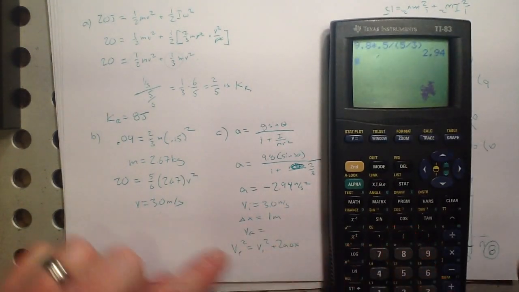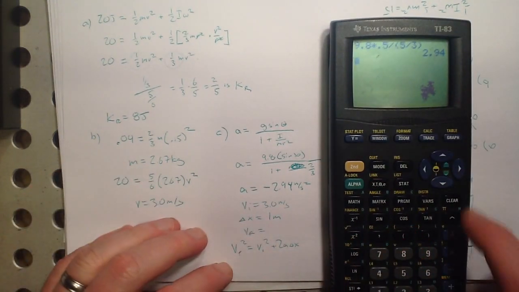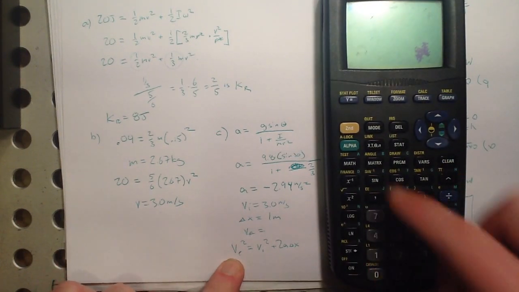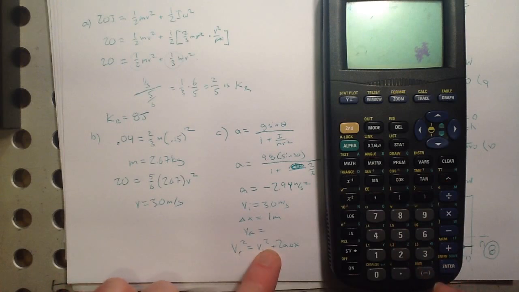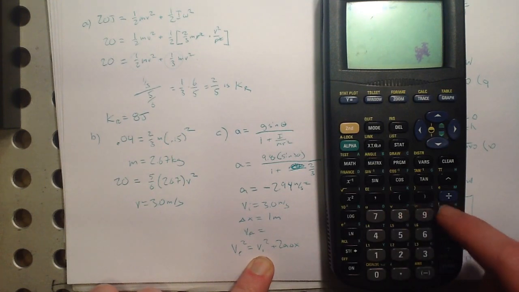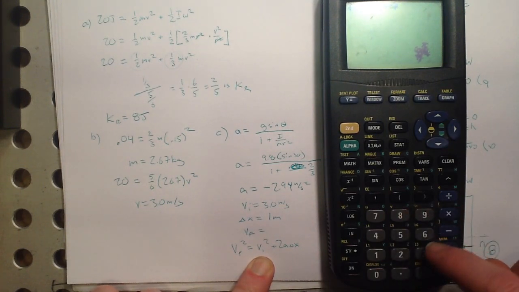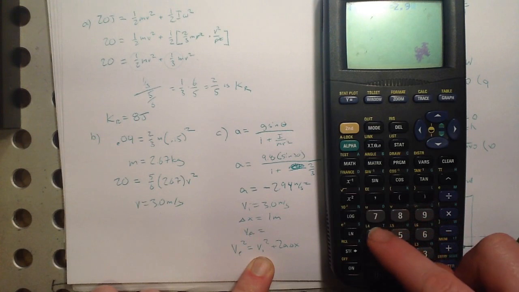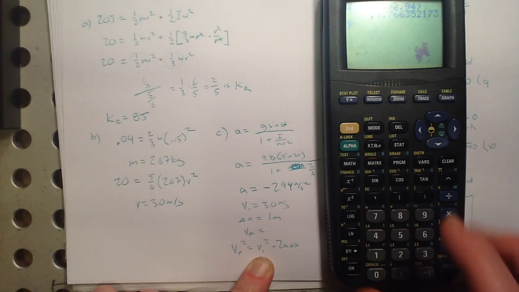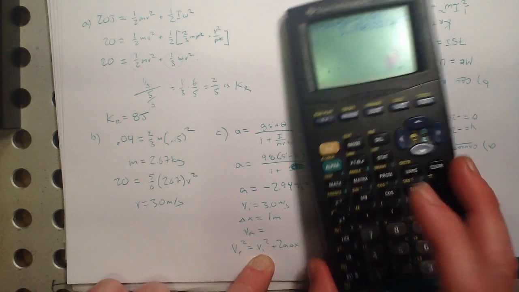We would certainly expect to find a number that's smaller than 3. If we don't, we know we did something wrong. So Vf is the square root of Vi squared plus 2 times the acceleration, which is negative 2.94, times 1. So about 1.77, looks like.